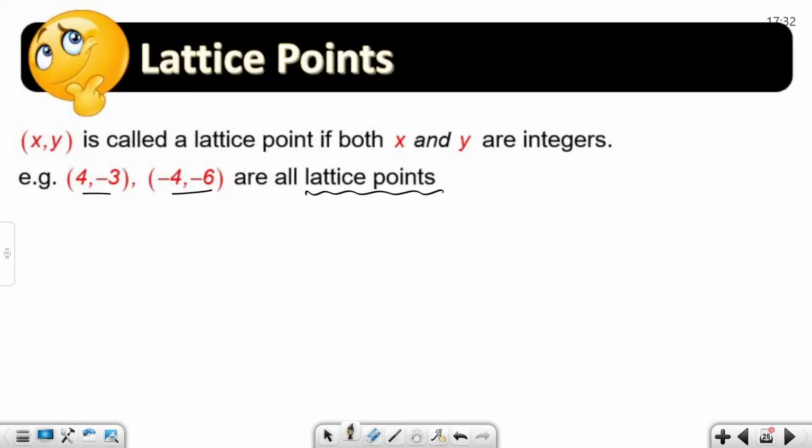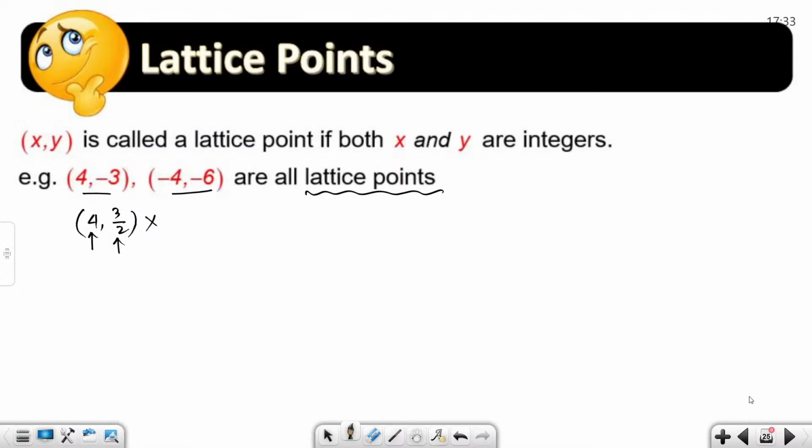Lattice point means it is always integer. Like if I say 4 comma 3 over 2, this is not a lattice point, because both the ordinate as well as the abscissa have to be integers. But in this case, your abscissa is an integer, but the ordinate is a fraction. So this is not a lattice point. Lattice point means both x and y will be integers, right?